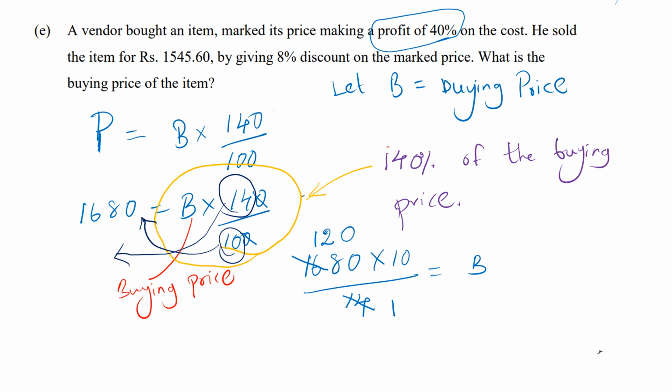You don't have to draw any of these things in your answer sheet. I'm just doing some clarifications. Then you get 120 into 10, which is equal to B. The buying price is equal to 1,200 rupees. This is the answer.